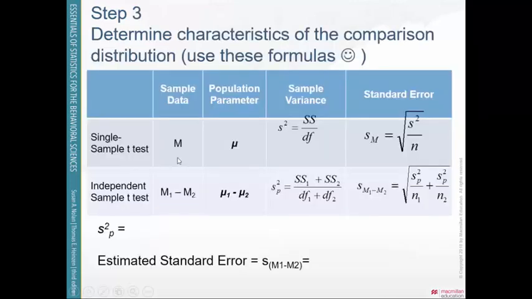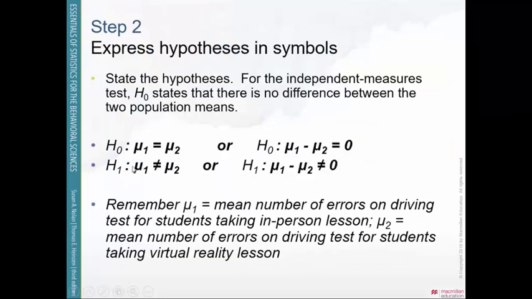So this is really, the mean number of errors on the driving test for students who take the in-person class should be equal to the mean number of errors for students who take the virtual reality class. And the alternative hypothesis is that the mean number of errors for students who take the in-person class will not be equal to the mean number of errors for students who take the virtual reality driving test.